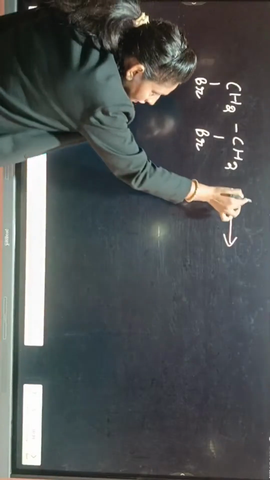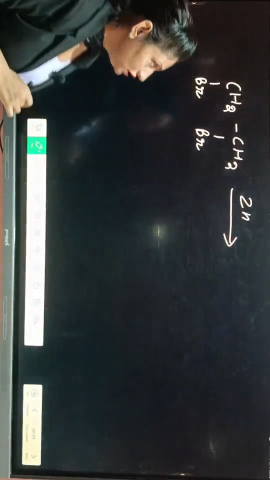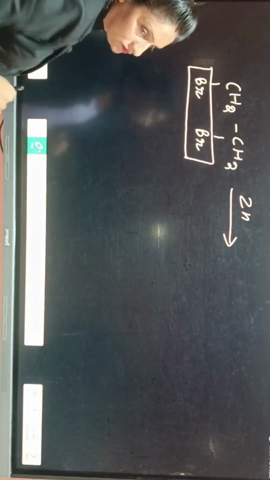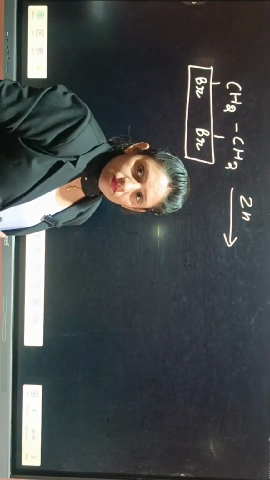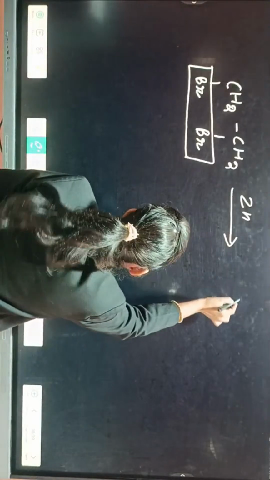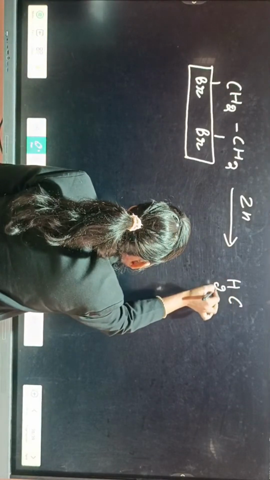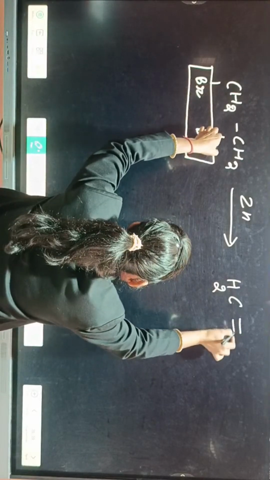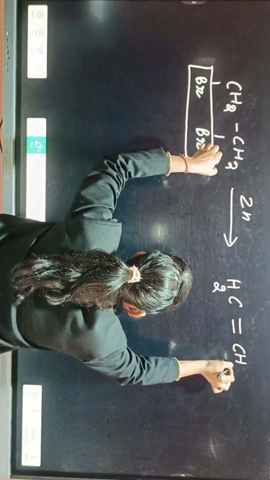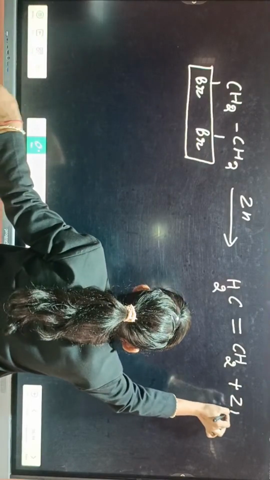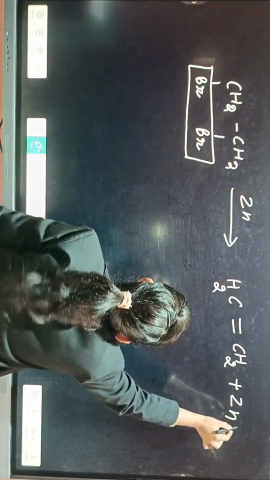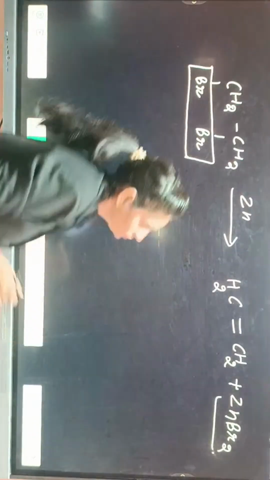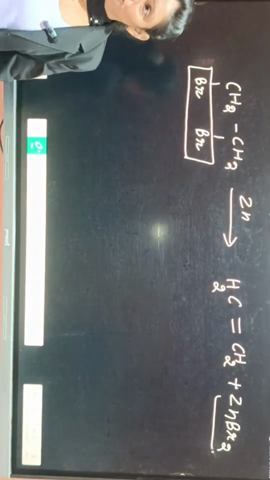Yes, so this reaction you will do in presence of zinc. These 2 bromide ions you can remove. So CH2, one bond removed here, one bond here, so double bond CH2 plus ZnBr2. So in a simple way, you can prepare.